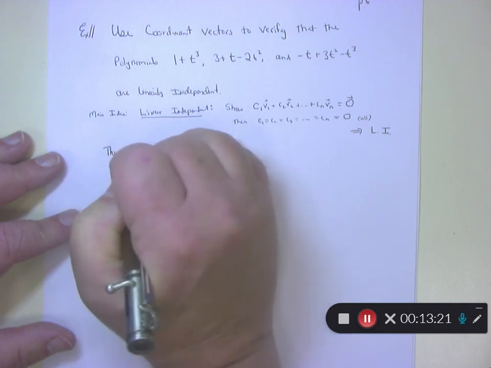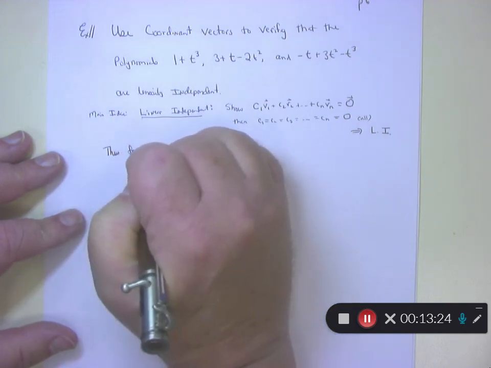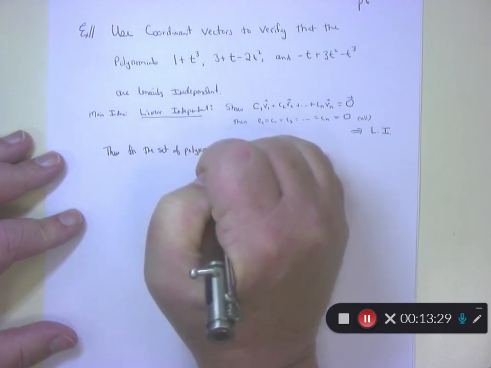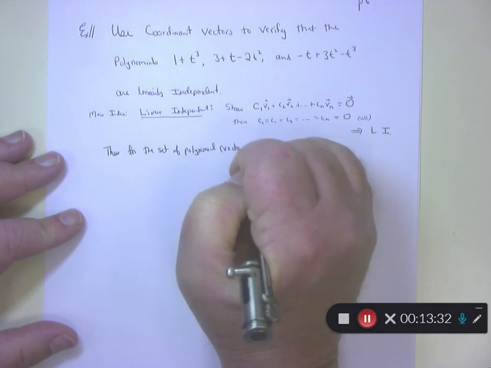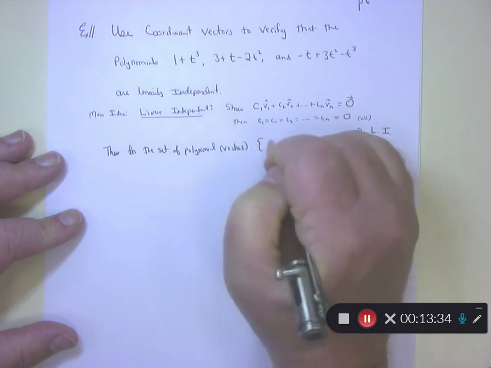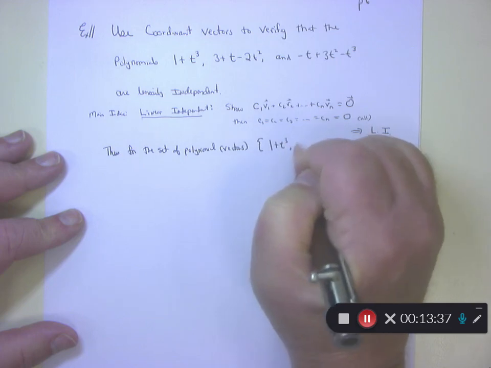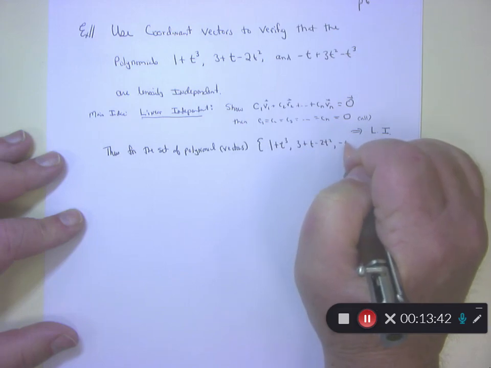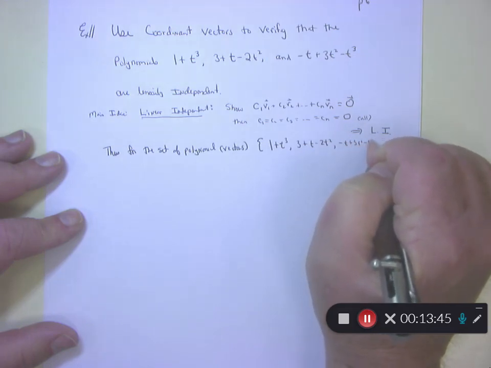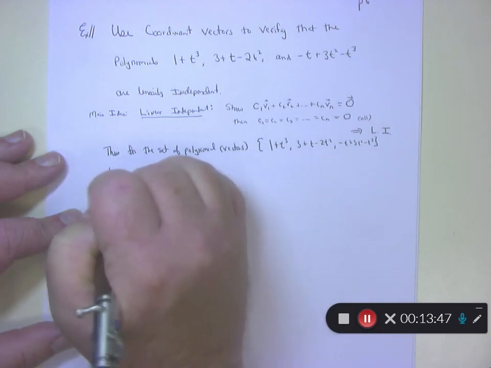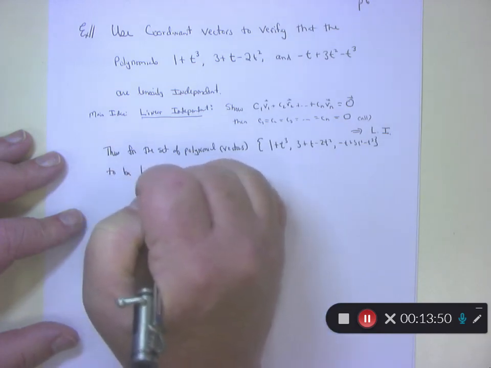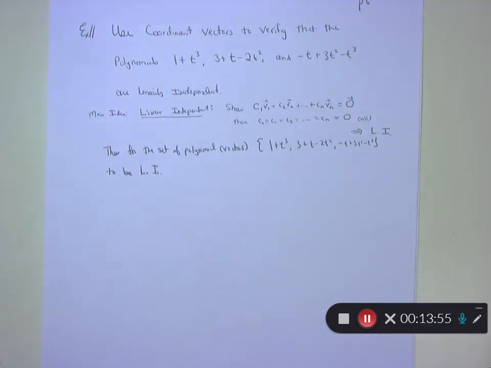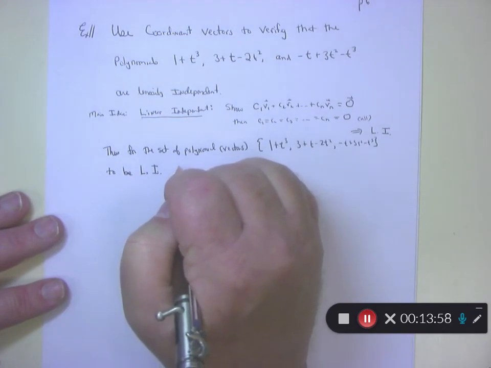Thus, for the set of polynomials, viewed as vectors, 1 plus t cubed, 3 plus t minus 2t squared, and minus t plus 3t squared minus t cubed, to be linearly independent, this is what I have to do.